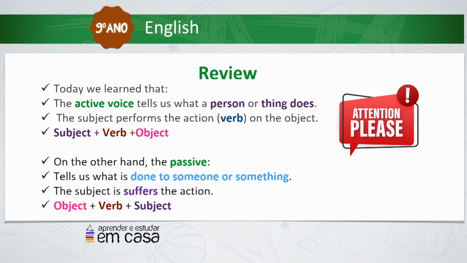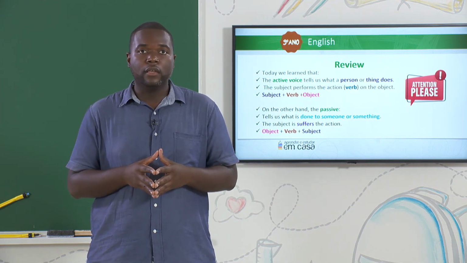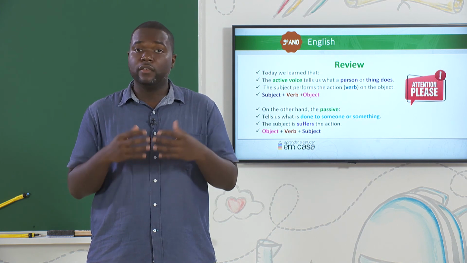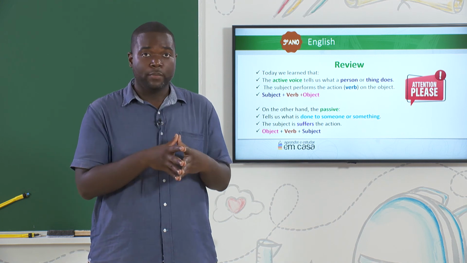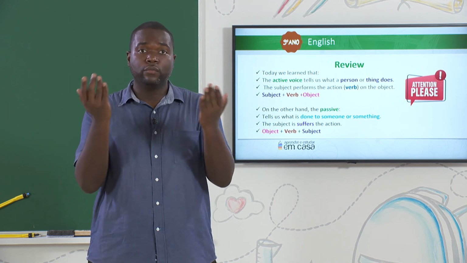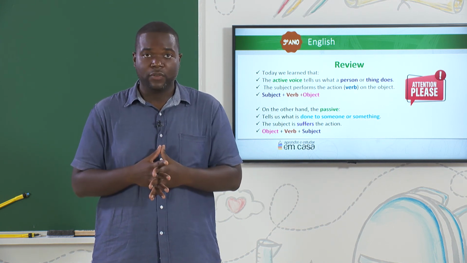That also means that the subject is the one that suffers the action, and that the basic structure of a passive sentence is the object plus the verb plus the subject. All right, students, that was the review. And remember, the basic structure is the key for you to know how to change the sentence from active to the passive. All right? You just have to switch. Okay? But let's see this with some examples.